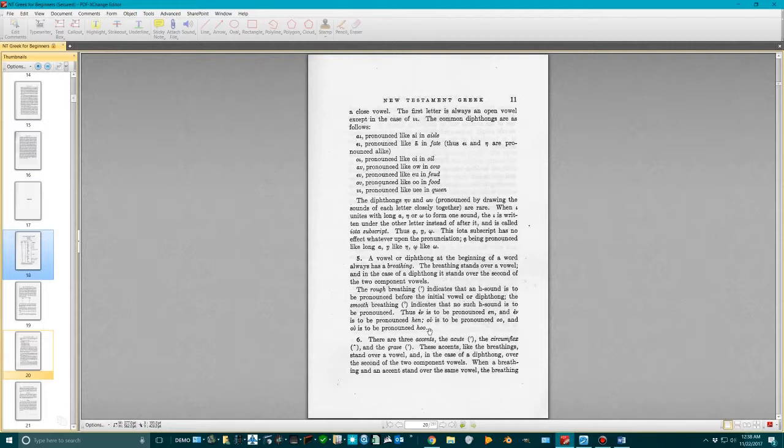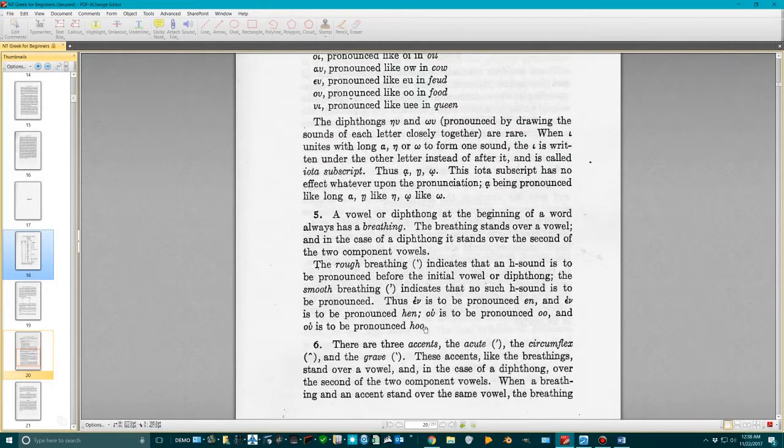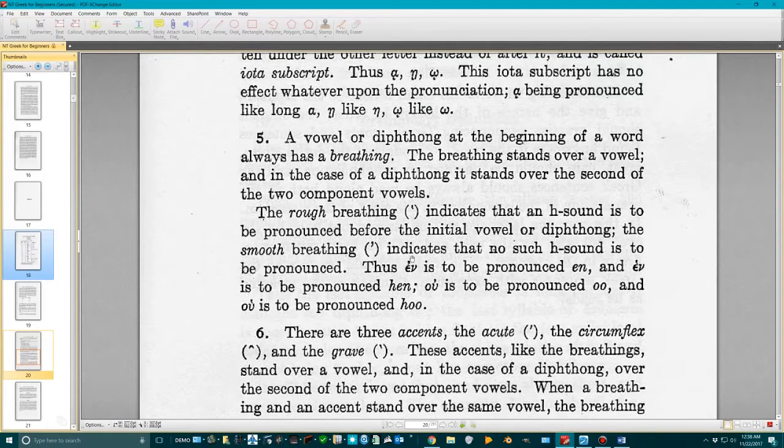Thus, if you look closely here, I don't know if I can zoom in on this or not, but I will try. Here we go. En is to be pronounced as en. But look at the breathing mark above the second word here, the word hen. This is the Greek number one. Hen. And it's pronounced differently than the preposition en, which is "in."